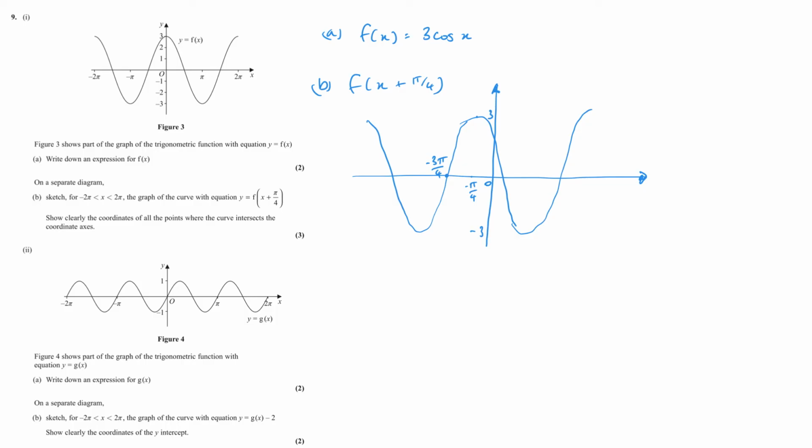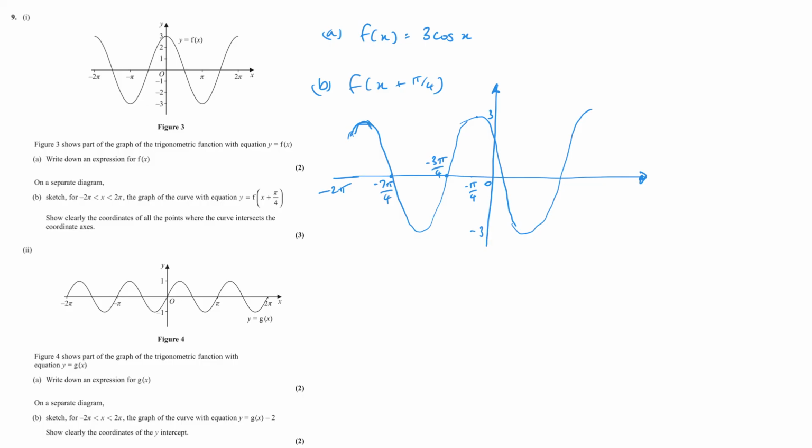Okay, this one here was crossing at 3 pi by 2, 1.5 pi, or minus 1.5 pi. So it's minus 7 pi by 4. And then that's going to go up and over, and down here is going to be my 2 pi, minus 2 pi.